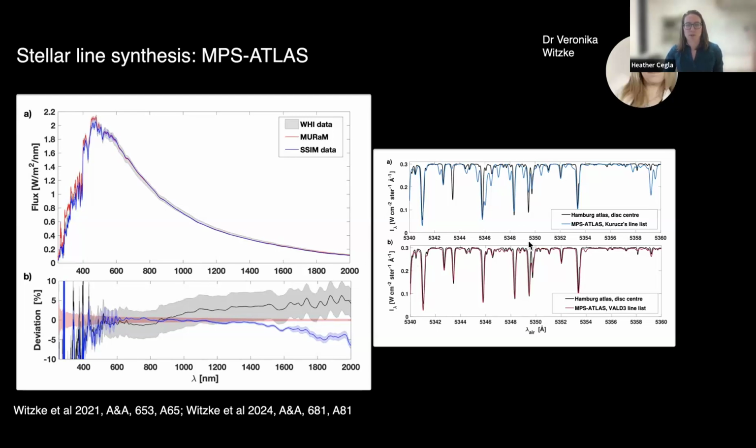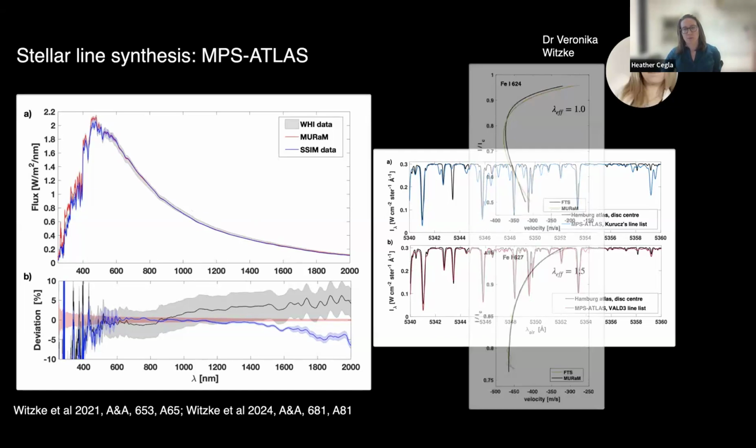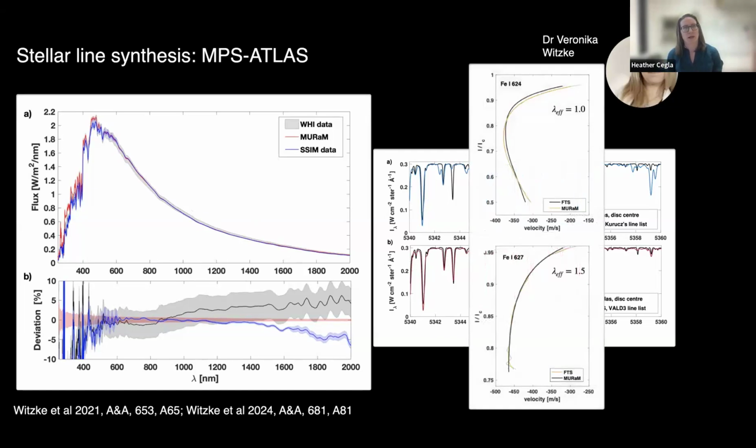And then just showing you on the side here, a comparison to some observations. In this case, we were comparing Miram to observations. And in this case, we're just comparing MPS Atlas with different line lists where we've assumed certain properties between the Kurucz line lists and the VALD line lists. But really, another good way to look at how well this code works is to compare it to observations of solar lines individually.